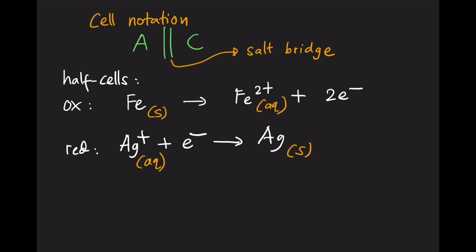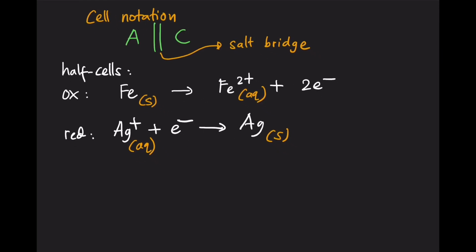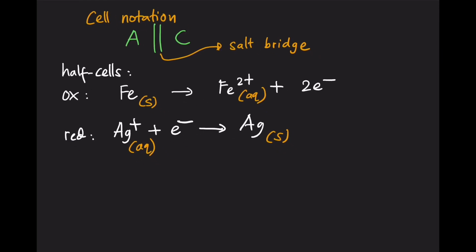Okay, so say these are the half cells that we have. If we have to draw the cell diagram for this, of course we will draw two different chambers and different electrolytes. One will contain Fe2+, the other will contain Ag+. We also have two electrodes, and over here, for instance, a lamp that will light up.